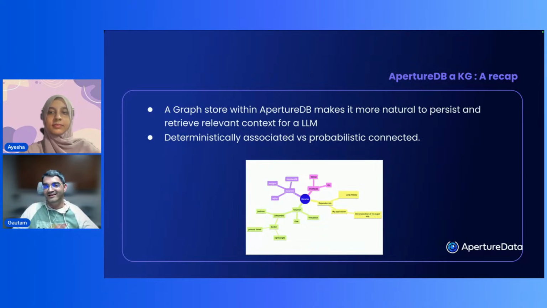Semantically speaking, and just from the probabilities of how these things relate to each other, there might be a strong correlation between databases like ApertureDB, Postgres, and SQLite, and you might find them to be more similar in terms of the nodes.